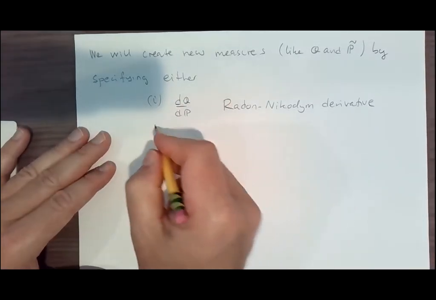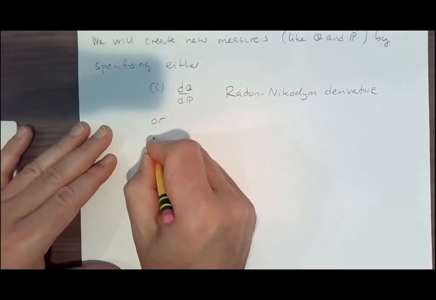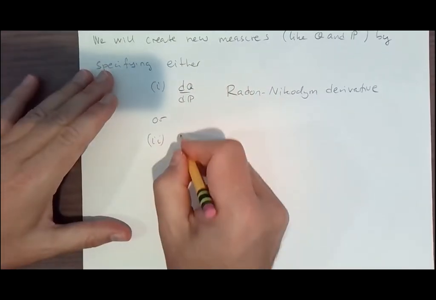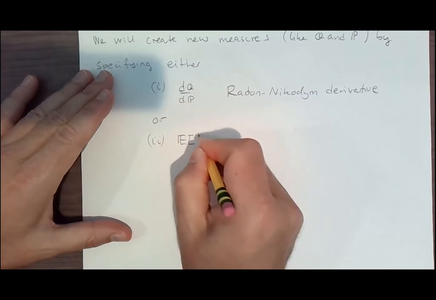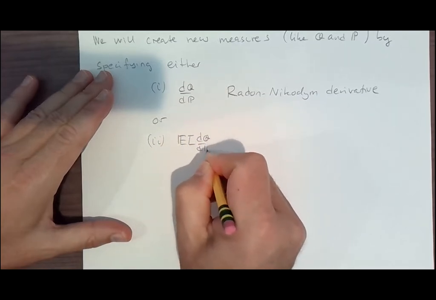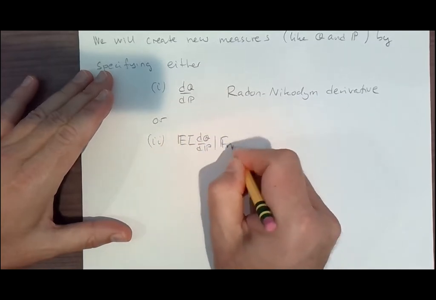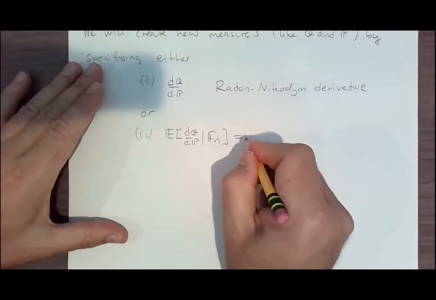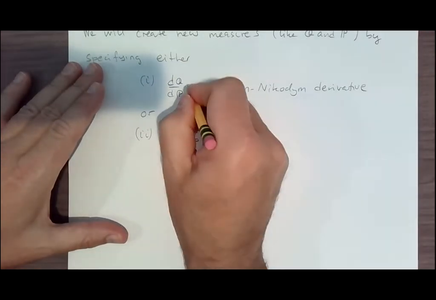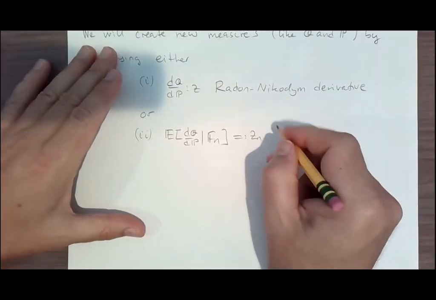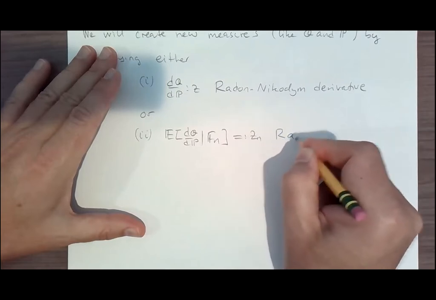We can either specify that, or we can specify the entire martingale, the Radon-Nikodym derivative process. That's my Z_n here, and this one here is simply Z. This is the Radon-Nikodym derivative process.